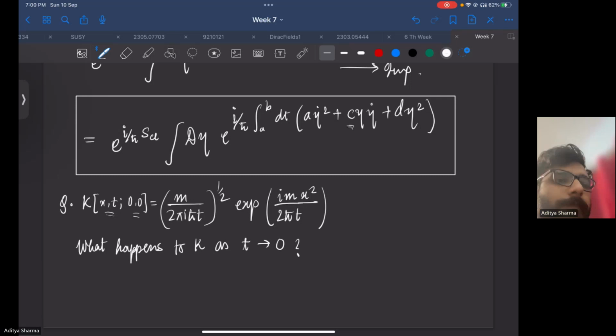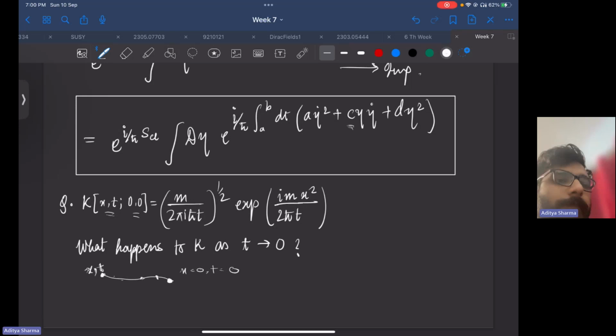So this should be one, right? If your particle is at x equal to zero at t equal to zero, and it has some probability of going to x and t, which is given by a distribution. For x here and t here, it's all different.